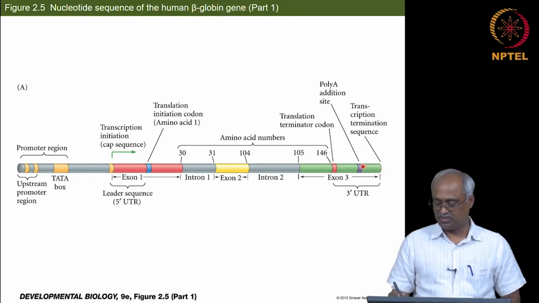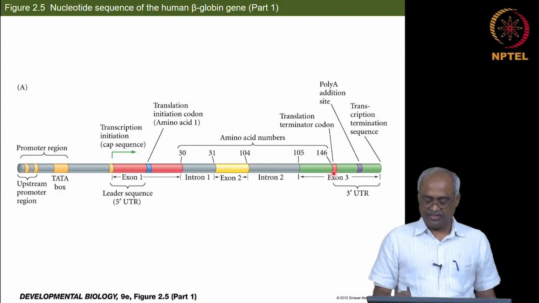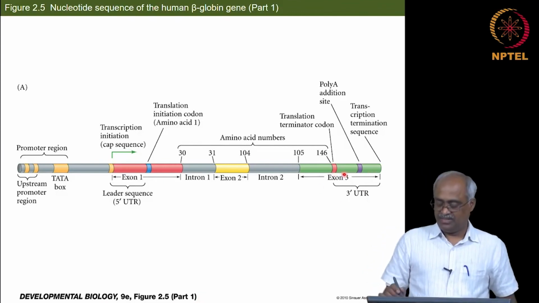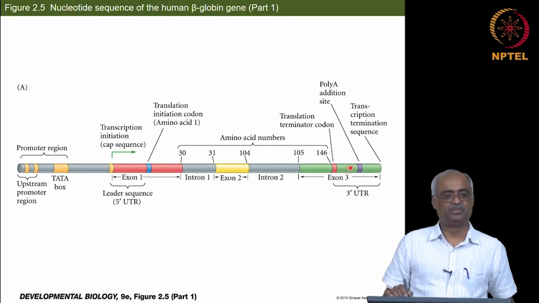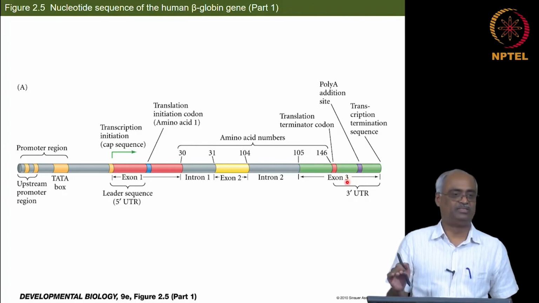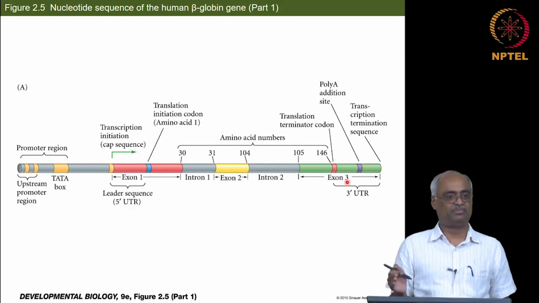So we understood this, starting from ATG to the stop codon, somewhere here, let us say 146. Then when you look at the 3' end, you have further sequences, and they are called the 3' untranslated region, meaning these are present in the mature mRNA, but they do not code for amino acids. These are sequences beyond the stop codon.